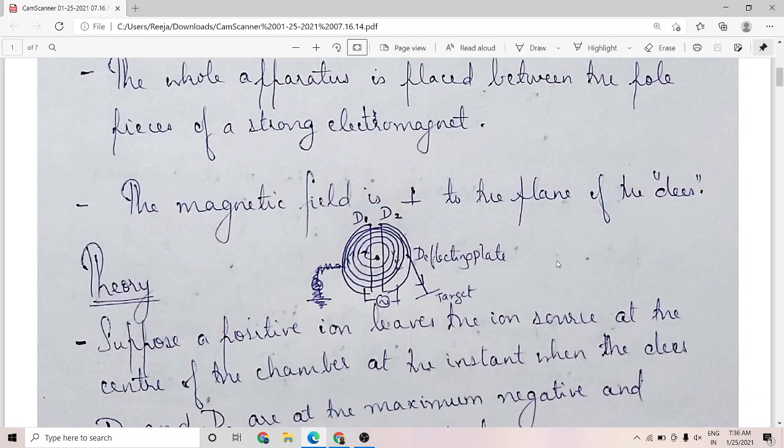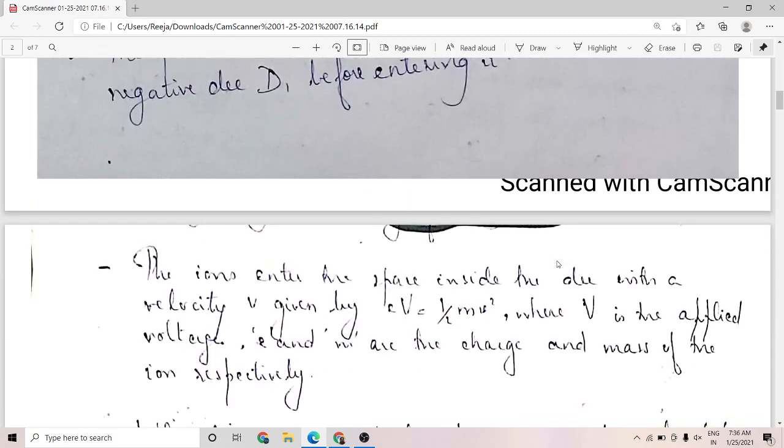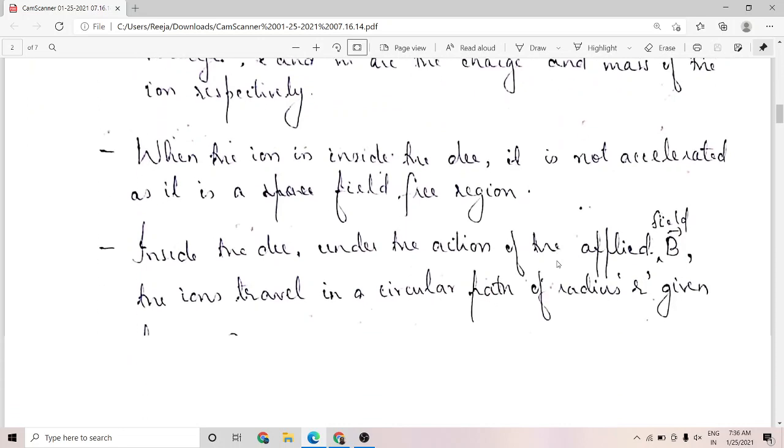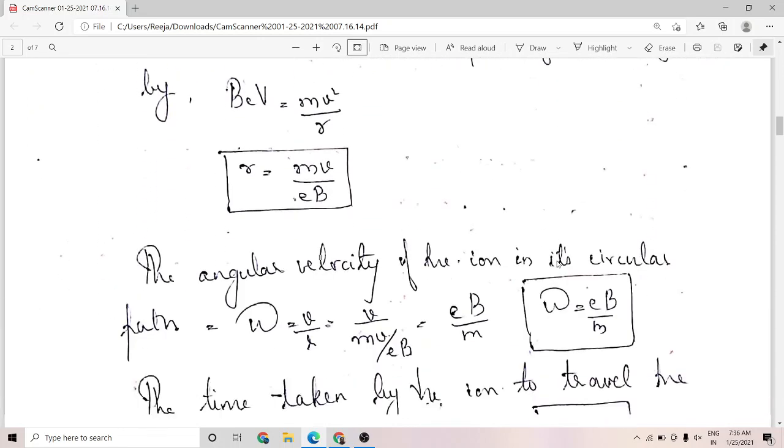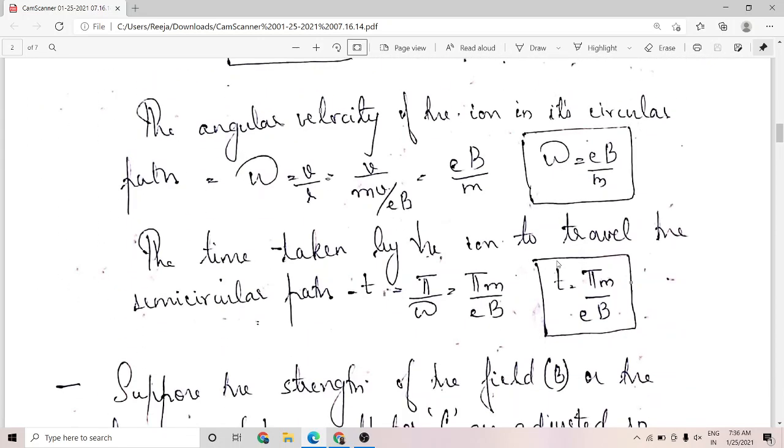The radius we have already calculated as mv/eB, so that omega = v/(mv/eB) = eB/m. So the angular velocity of the ion in its circular path is omega = eB/m. Now, what is the time taken by the ion to travel the semicircular path inside the D?